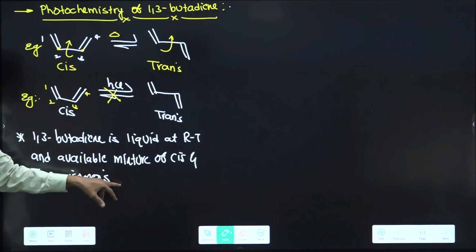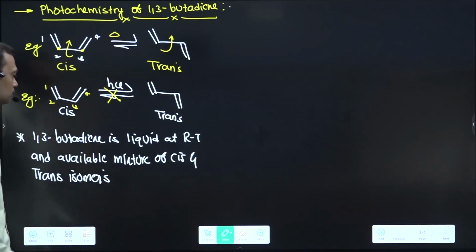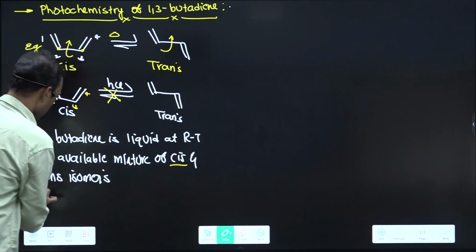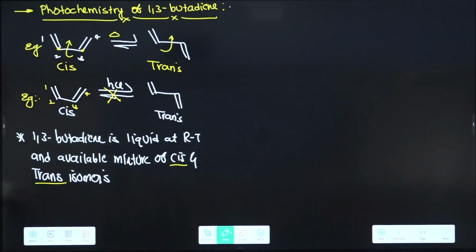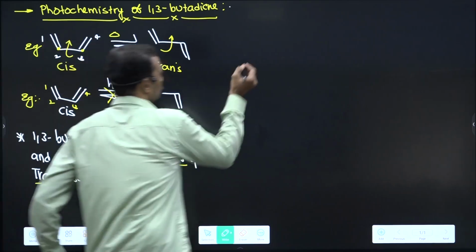These two are at equilibrium. Cis and trans isomers are in a reaction mixture. They readily exist in the form of an equilibrium mixture.